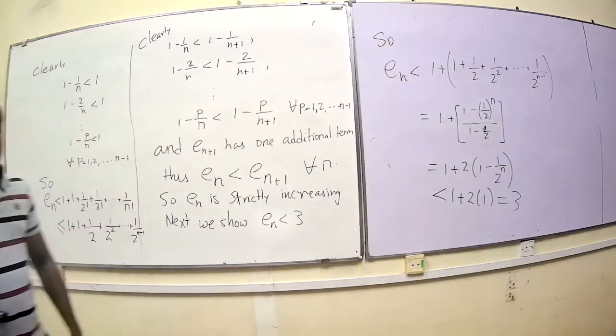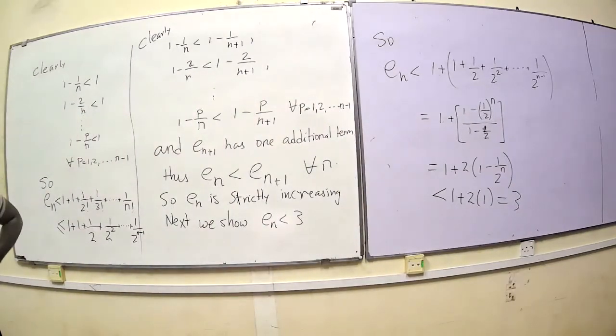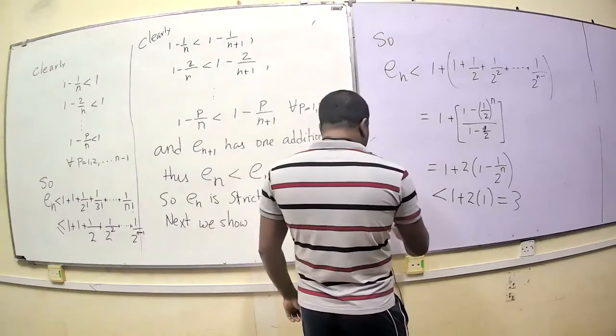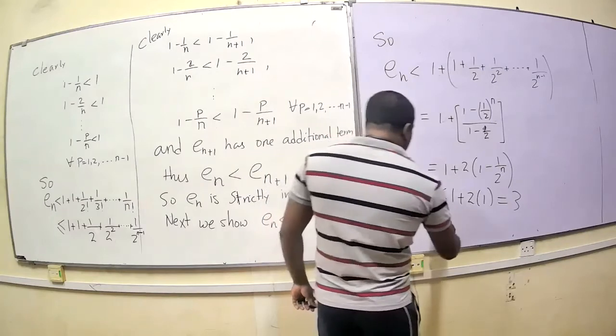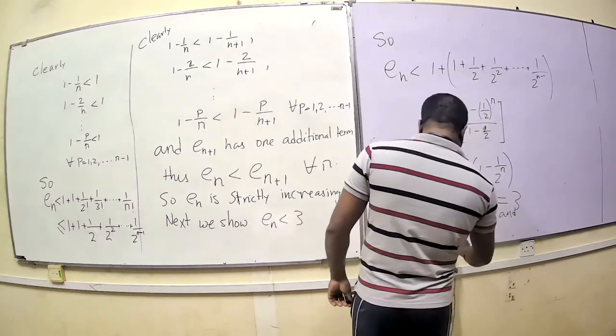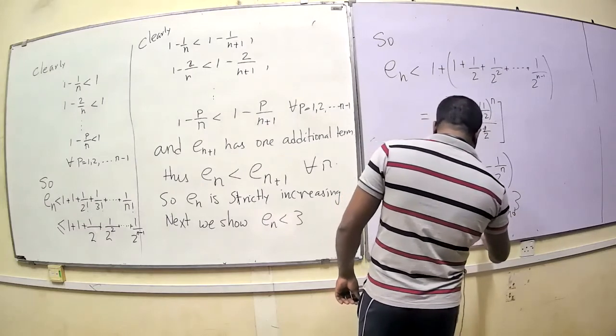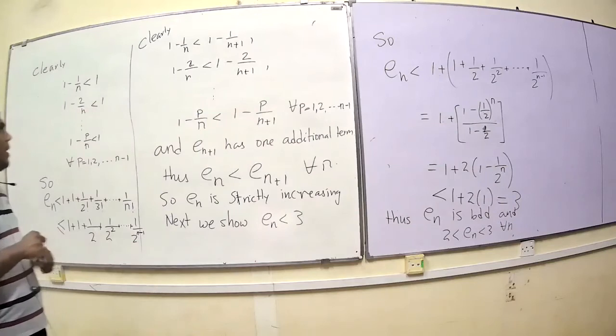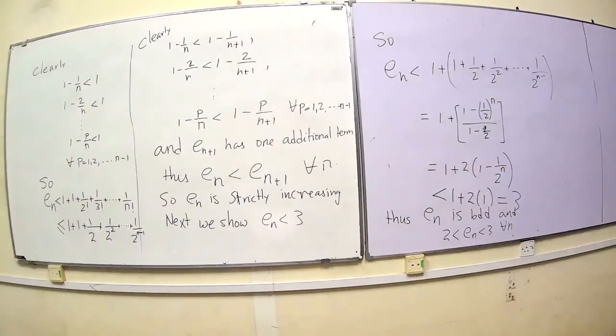Right, so clearly now you have the sequence is monotonically increasing and bounded, right? At the same time, you can clearly say that En is obviously greater than 2 because 1 plus 1 plus 1 upon 2 factorial into 1 minus 1 upon n and so on.